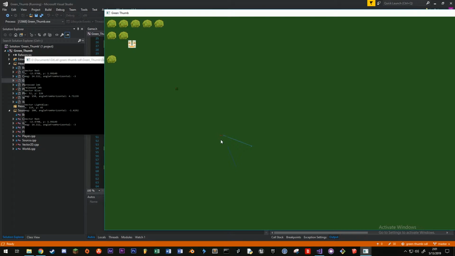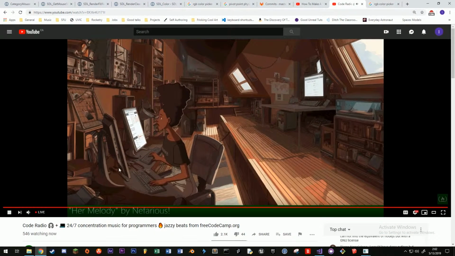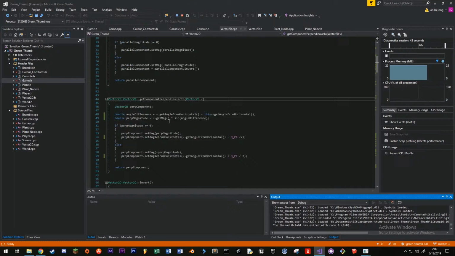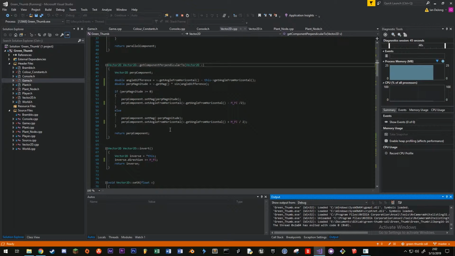It looks like one of the main vector functions is not working. This red one should be getting updated all the time when I change these two. But anyway, that's what's going on. So I'm probably going to just keep figuring out what is wrong with the vectors and fix that before I can actually get into the physics.